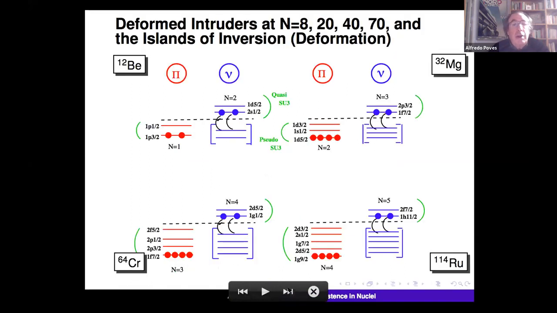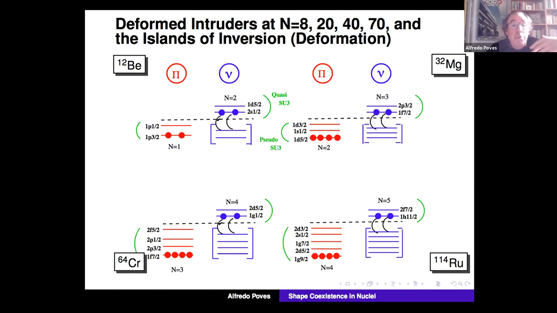But let's concentrate, just pictorially, for instance, on chromium 64, that should be a semi-magic nucleus. You have always the competition between the normal filling that will make chromium 64, for instance, semi-magical and not interesting at all, and intruder states made of particle-hole correlations. And indeed, you lose monopole energy when you promote particles across a shell closure.